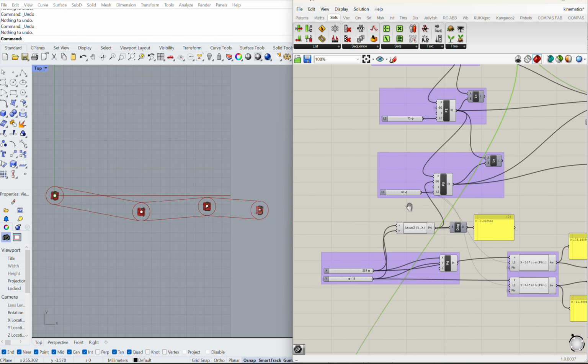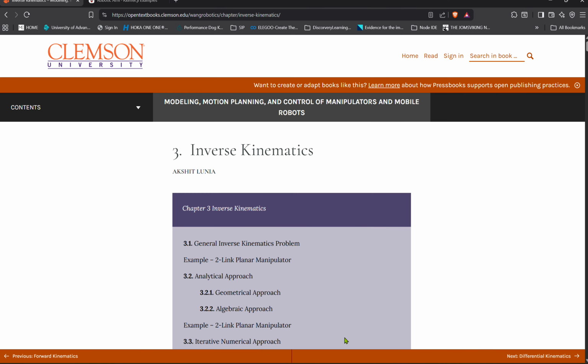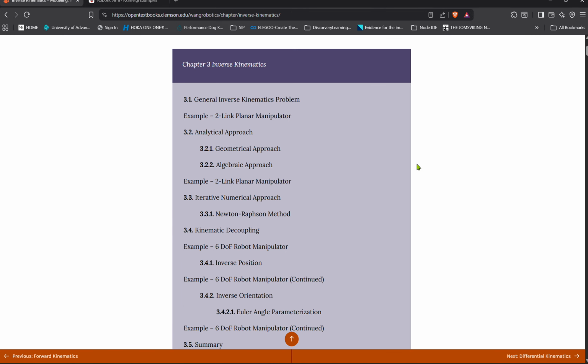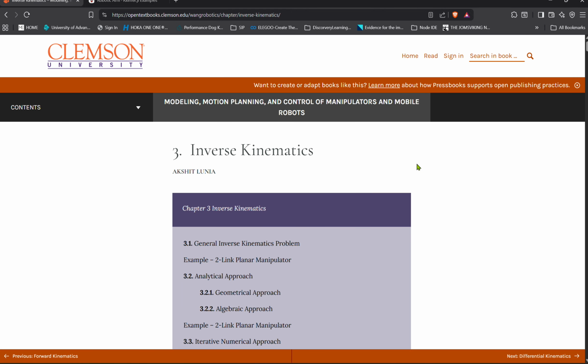The math used is taken from opentextbooks.clemson.edu, chapter 3, inverse kinematics, modeling, motion planning, and control of manipulators and mobile robots.